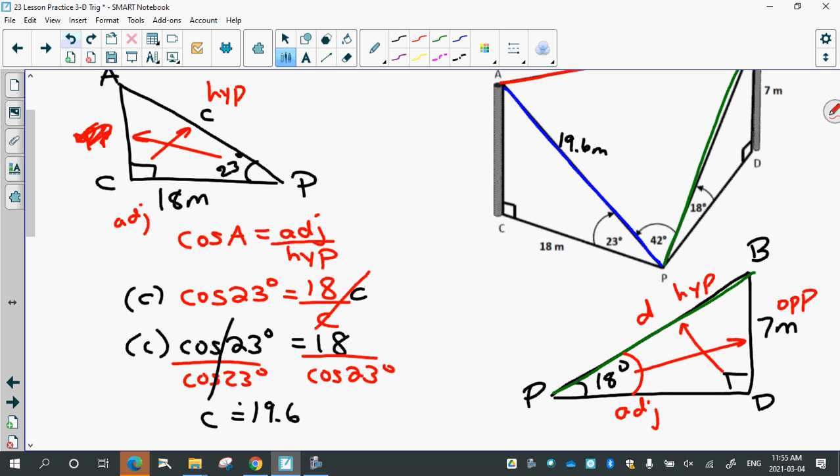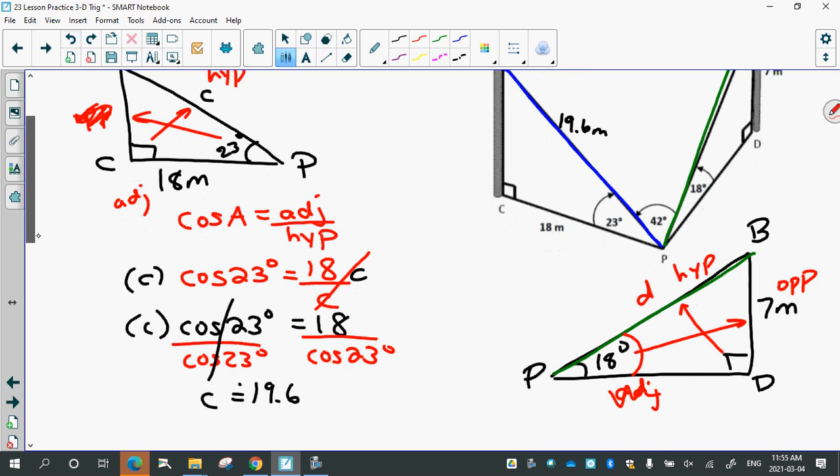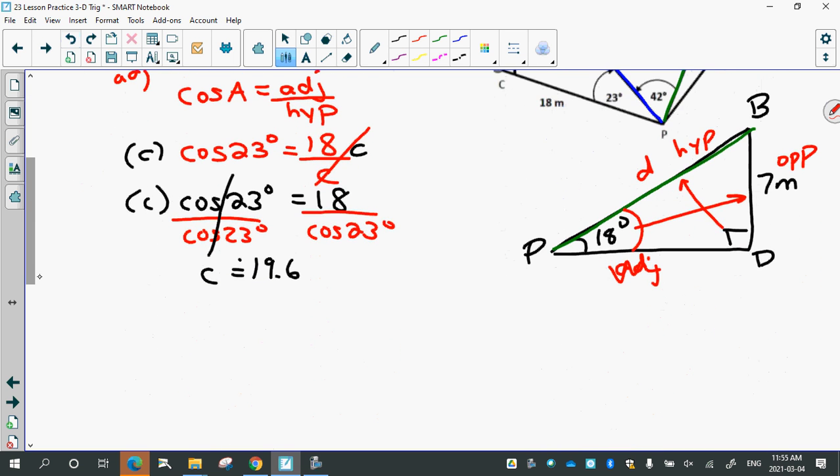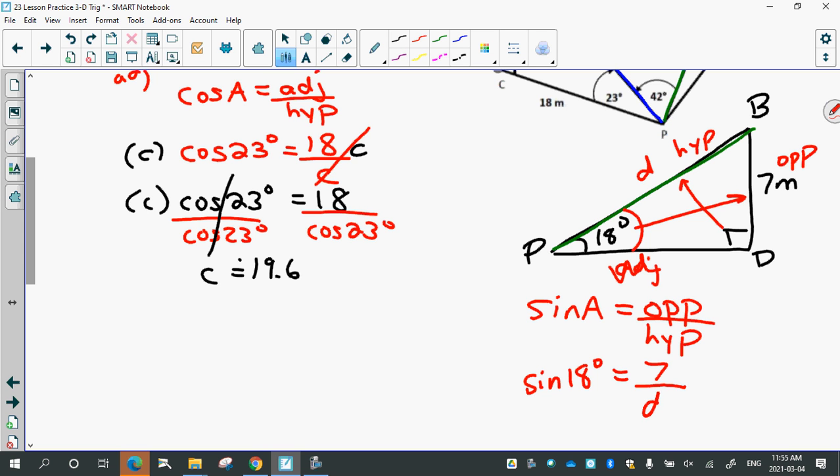So we would be scribbling out adjacent. Great. Okay. So then opposite and hypotenuse is which formula? Sine. So sine of the angle is opposite over hypotenuse. So sine of 18 degrees is 7 over d.